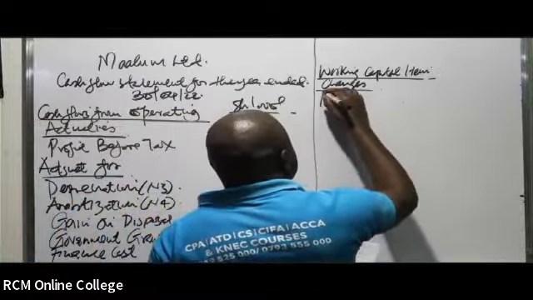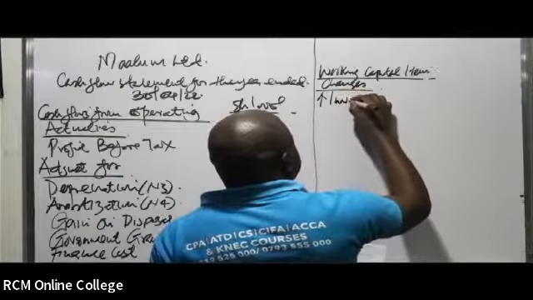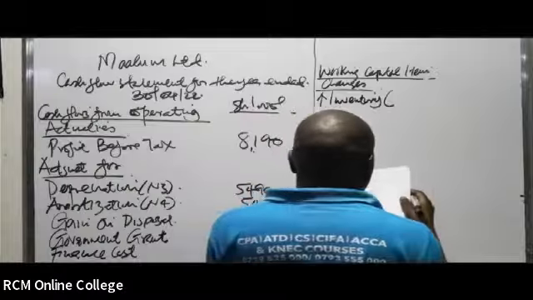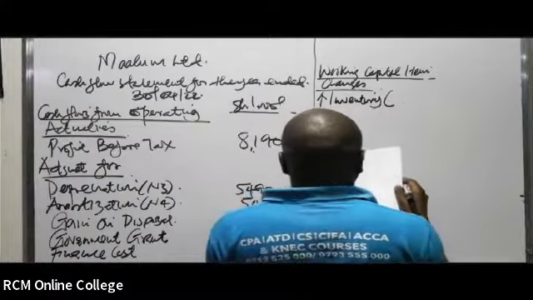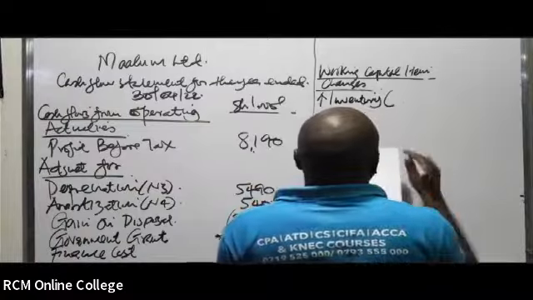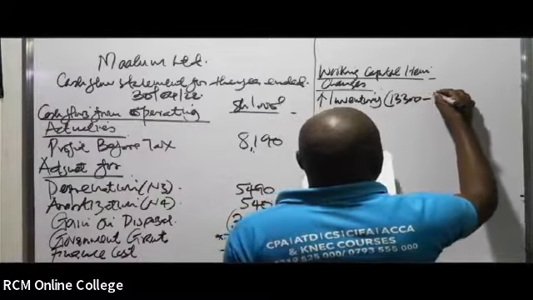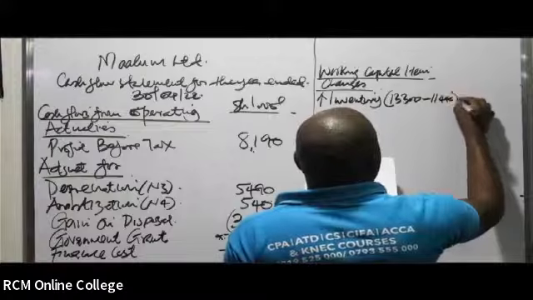So we have an increase in inventory. The figure of inventory is how much? 13,300, right? 13,300 minus 11,445.